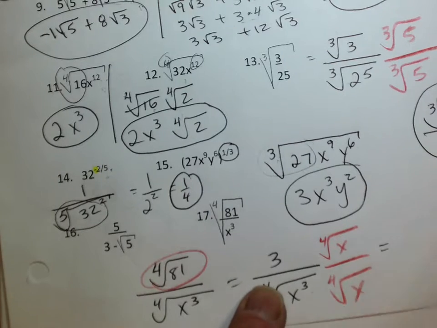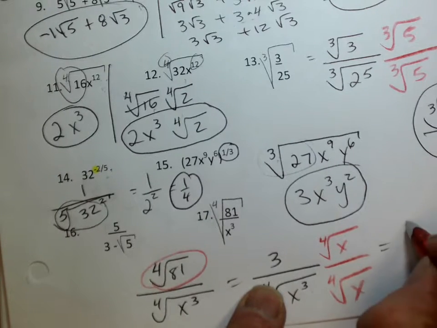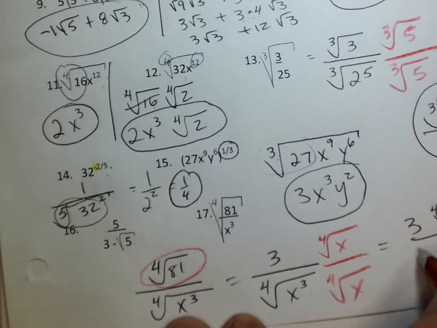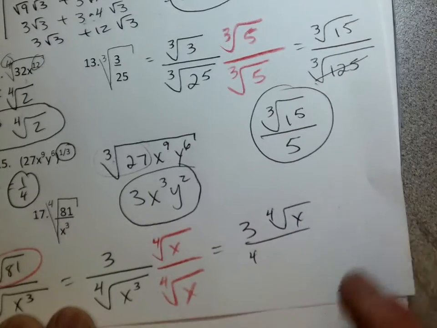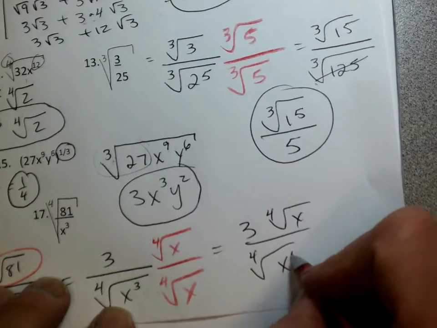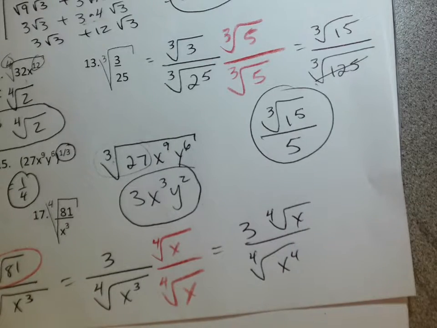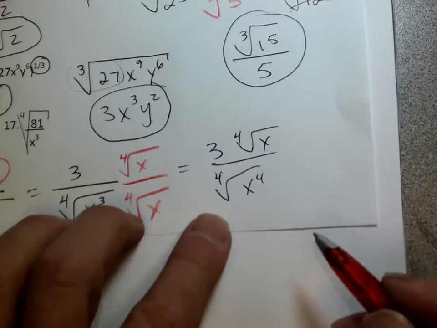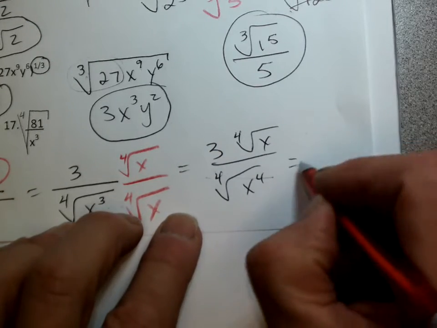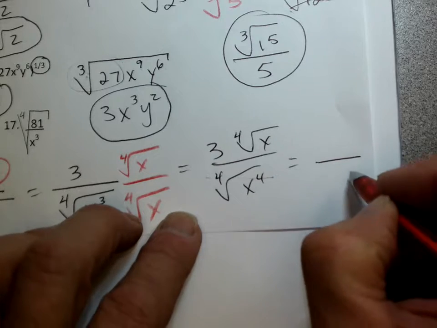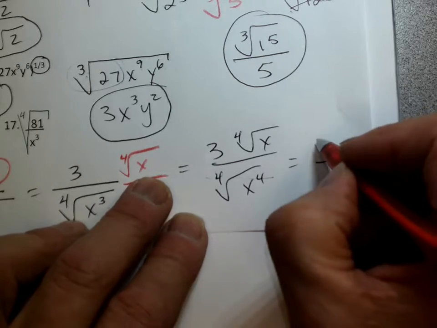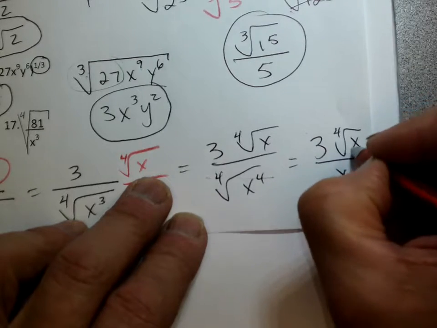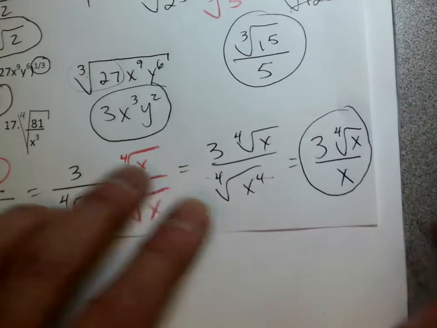So in the numerator, 3 times the 4th root of x over the 4th root of x to the 4th. That's why I did this, because now I've got an x to the 4th on the bottom, and that's just going to become plain old x. So in the denominator, we'll have x, and in the numerator, I'll have 3 times the 4th root of x. There's my answer.